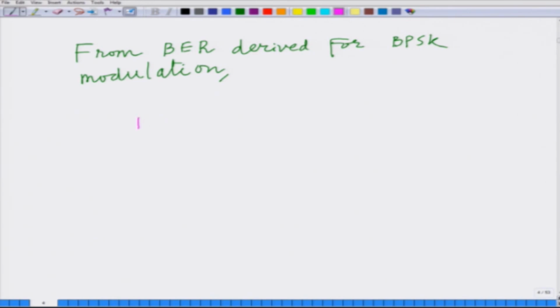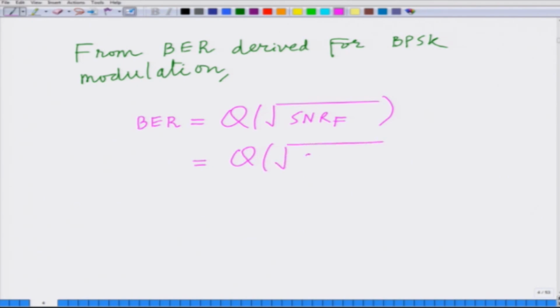We have bit error rate is Q of square root of SNR, but here the SNR is the fading SNR, because the transmitted signal is multiplied by the fading coefficient H. Therefore, the bit error rate is Q of square root of the fading SNR F, which is also equal to Q of square root of A square times SNR, where SNR equals P over sigma square. Therefore, what you can see is that this quantity under the square root depends on the magnitude of the fading coefficient H.